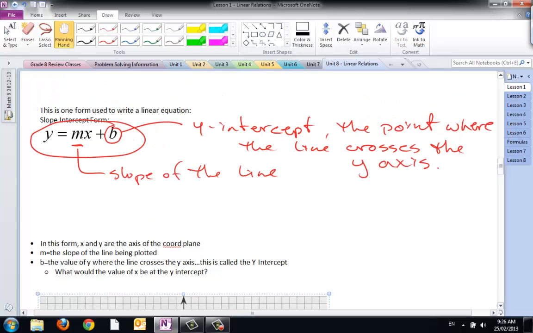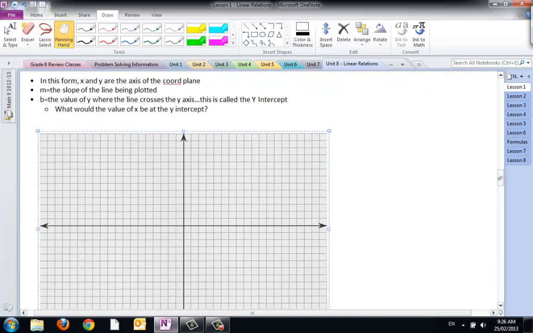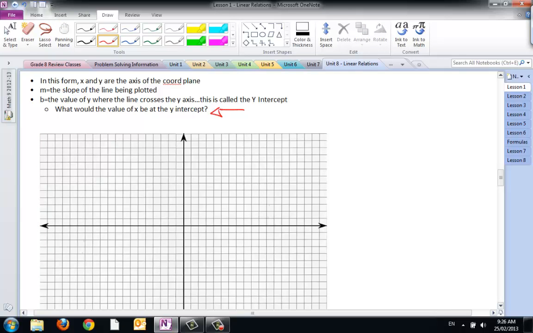Okay, so using the slope-intercept form, we can plot lines. We just talked about the fact that the x and the y are the axes on the coordinate plane, and the m is the slope, and the b is the value where the line crosses the y-axis. That's all great. The next question I have for you is, what would be the value of x at the y-intercept?